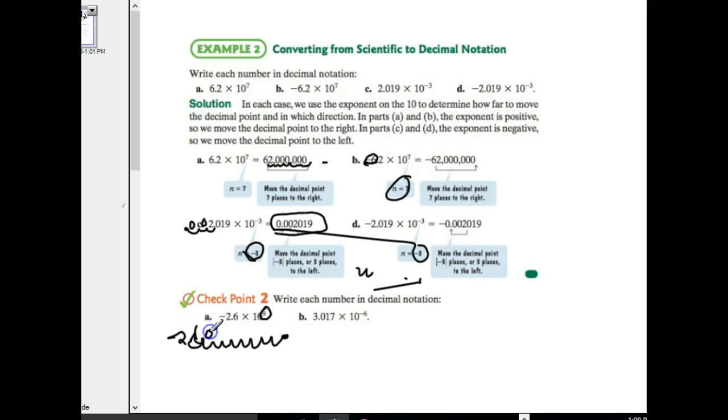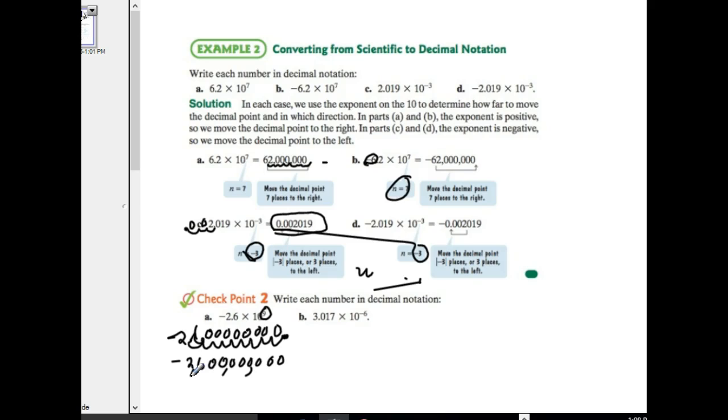And then I'm going to go back and fill in each one of these divots, as I call them, with a 0. So the answer actually becomes negative 2600000000. And then if I put my commas where they belong, that ends up being 2,600,000,000 with a negative on it, if you want to say that correctly.